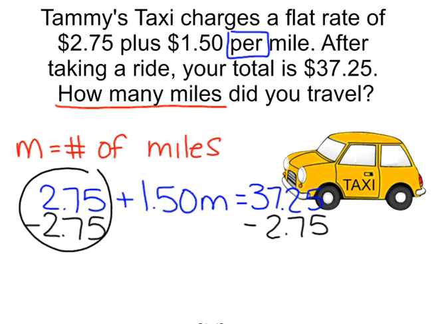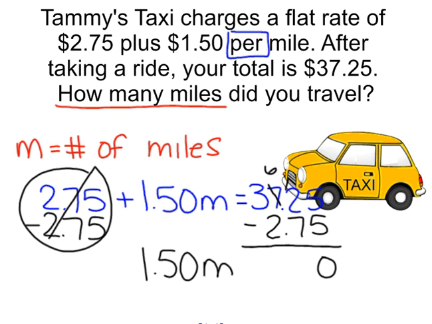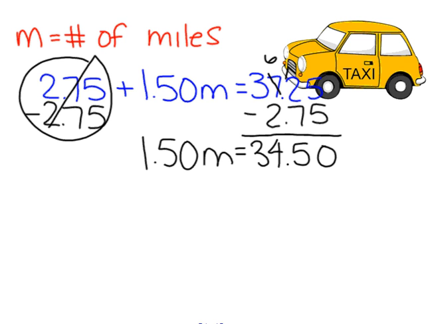So we have a zero pair, and we're left with $1.50 multiplied by m. And on the other side, we'll have to borrow. So that comes out to $34.50. So $34.50 is how much we're paying just on the mileage.